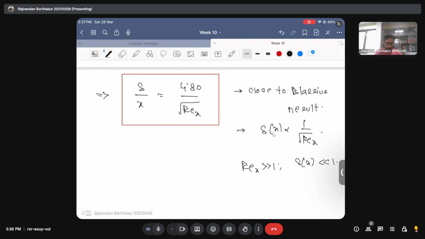Okay, all right, so I believe it's clear. So let's calculate the displacement thickness now.